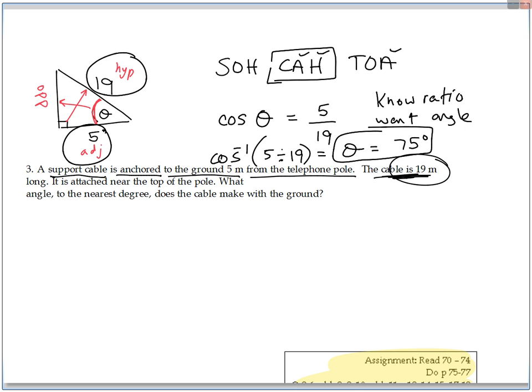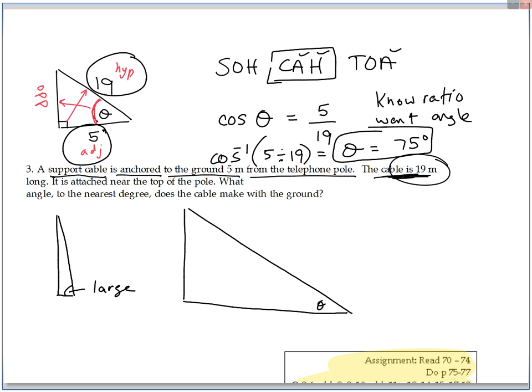Does 75 degrees make sense? Well, it's a really long cable compared to how far across the overness is. So check this out. Say there's the pole, and let's say the overness was really tiny. What can you say about this angle? It's going to be large, close to 90. What if your telephone pole was like this, and the cable is anchored way, way over there?